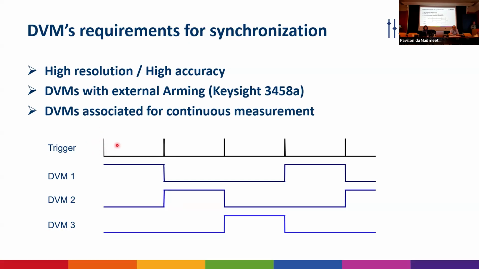So you have a typical sequence of trigger pulses, and each pulse is going to trigger one DVM. Here we start the measurement of DVM1. Once DVM1 is stopped, you start the integration on DVM2. When DVM2 integration is stopped, you start DVM3, and at the end of the integration of DVM3, you restart on DVM1, and it is something sequential.